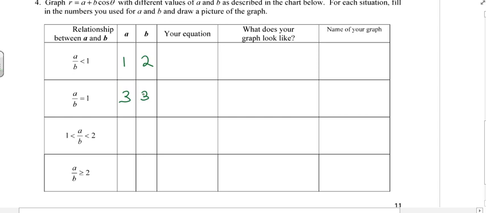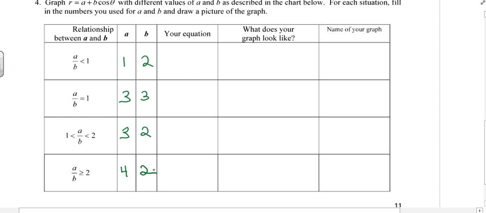For my A over B value to be between 1 and 2, I'm going to go right for 1.5. So I'm going to make A 3 and B 2. And then lastly, to make my A divided by B value greater than or equal to 2, I'm going to pick 4 and 2.